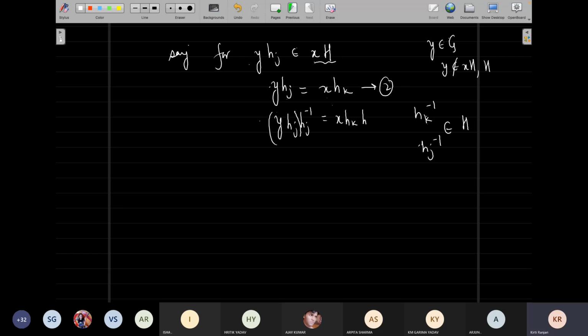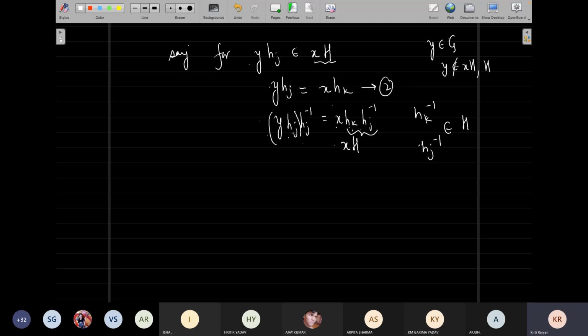XHK, HJ inverse. HK, HJ inverse belongs to H, that is simple. Where does X times any element of H belong? XH, right?